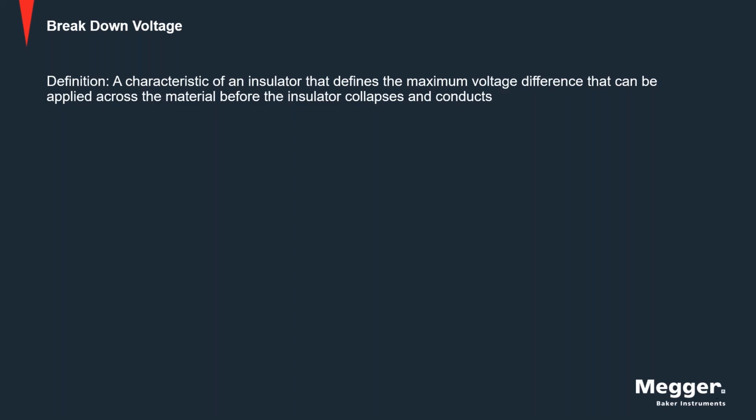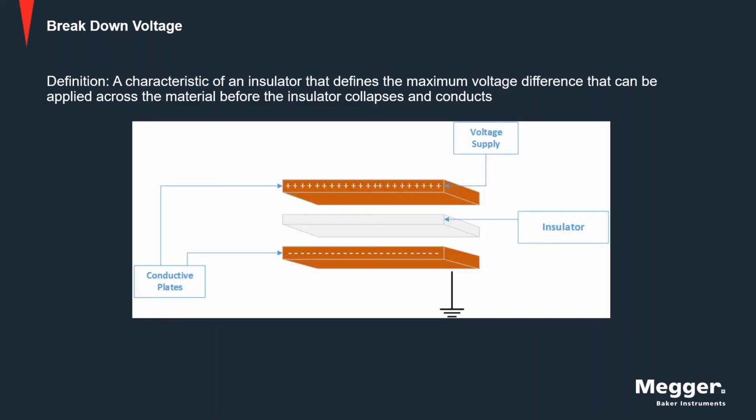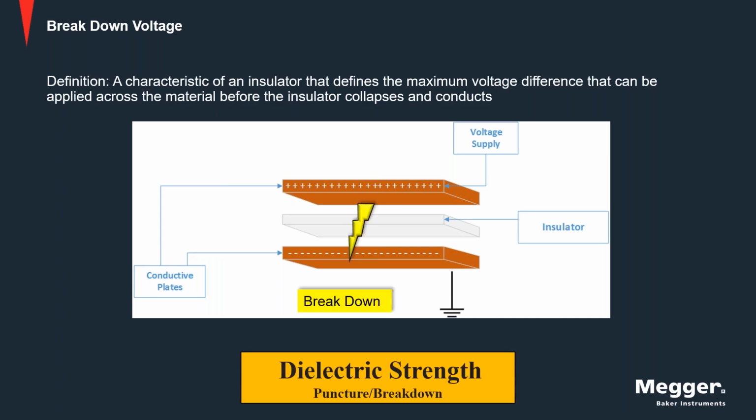How do our motors hold up to that? So breakdown voltage we're very interested in. If we were to have two conductive plates, and we place the insulator in between, and then raise the voltage up until at some point that insulation breaks down and becomes a conductor. It collapses and conducts at that point.